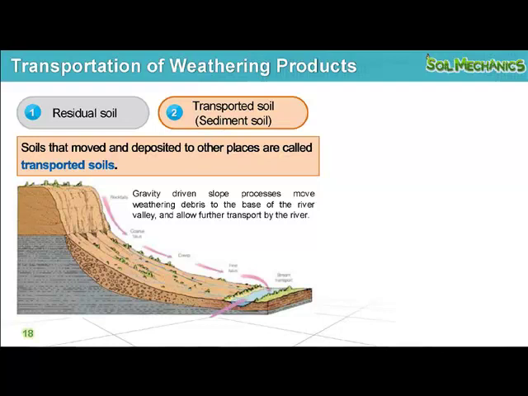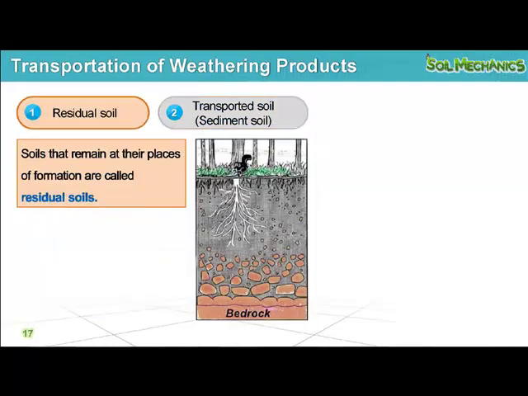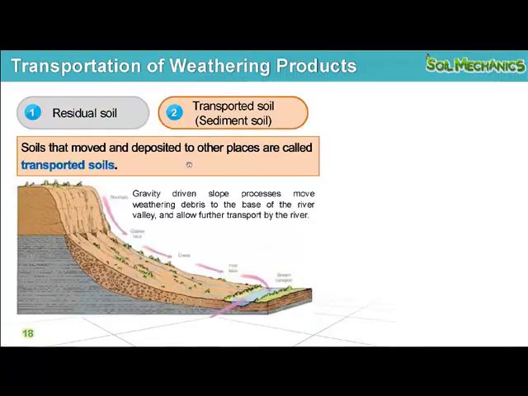To summarize, residual soil remains at the place of formation, and transported soil is soil that moves and is deposited in another place from its origin. We call it transported soil or sediment soil.